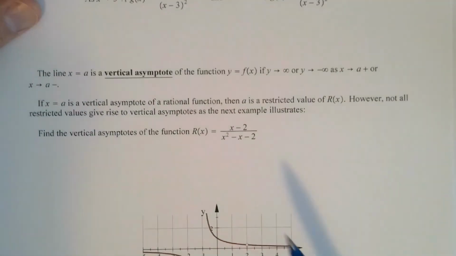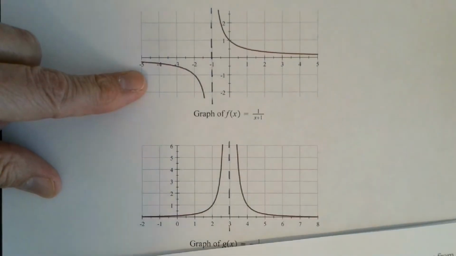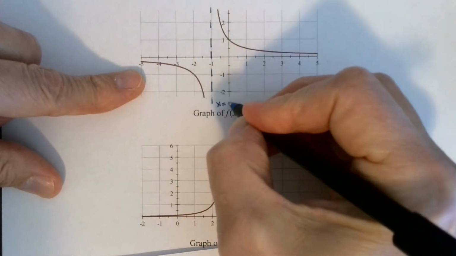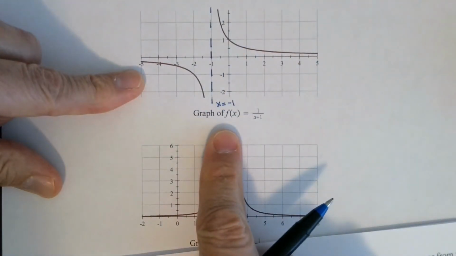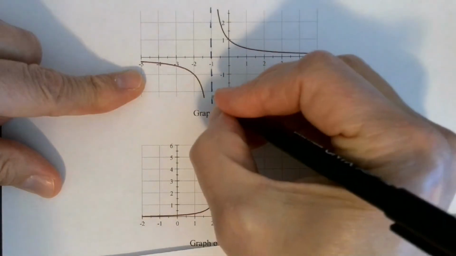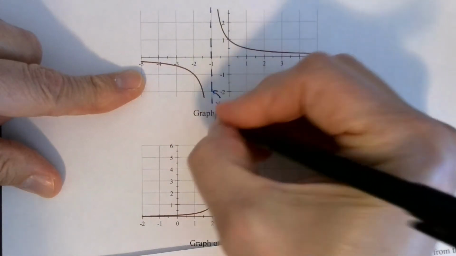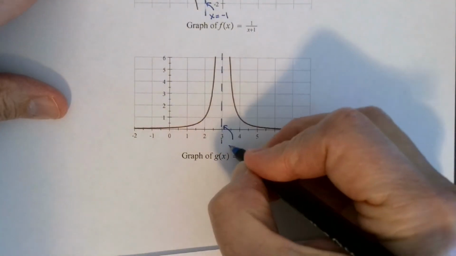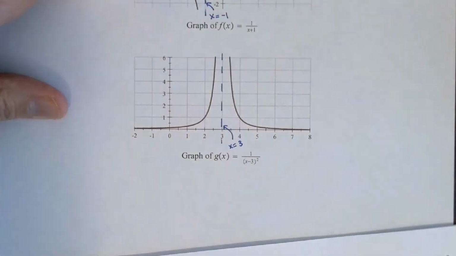Okay, so going back to these two examples we just looked at, x equal -1 is a vertical asymptote for this function f of x. And that's what this line is right here. The equation of a vertical line is x equal a constant. This vertical line is x equal 3.